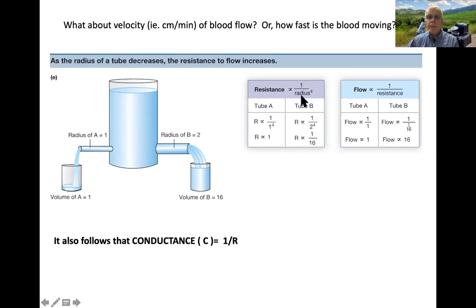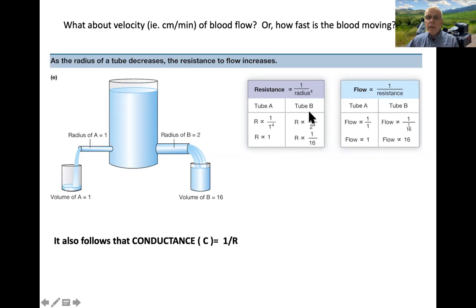Tube A has a radius of 1, and it doubles over here on tube B to a radius of 2. Resistance is proportional to 1 over the radius to the 4th. So 1 over 1 to the 4th is 1. 1 times 1 is 1, times 1 is 1, and so forth. So the resistance, in arbitrary resistance units in this case, is 1.